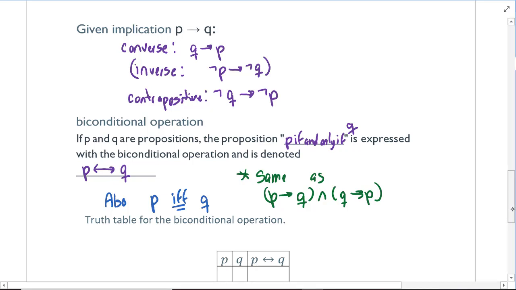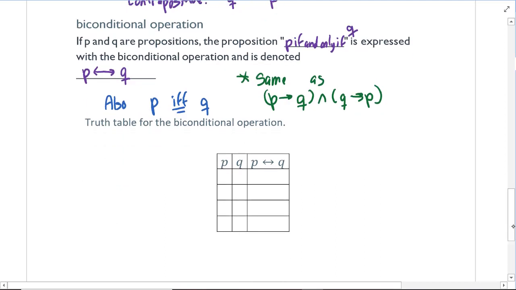So if we were to create a truth table for the biconditional operation, start off with the simpler part. So true, true, false, false, true, false, true, false. Okay. For now, it might be helpful to just tack on a little bit of a helper referring to this equivalent expression up here.